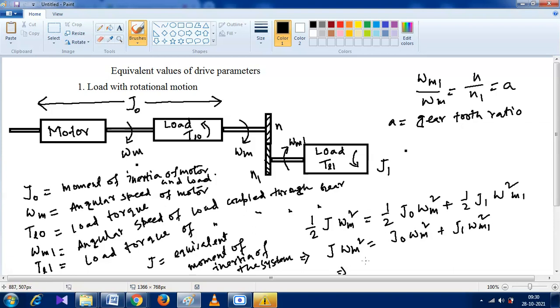After that, we write J is equal to J0 plus J1 times (omega m1 by omega m) whole square. We can write it like that, or simplify this equation.